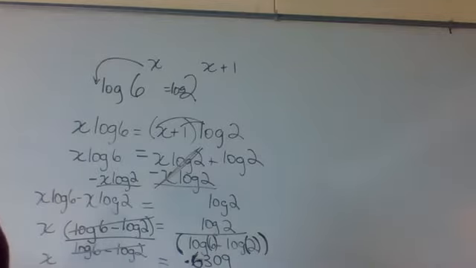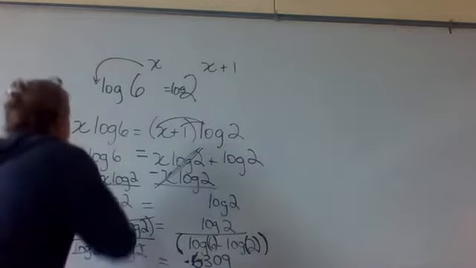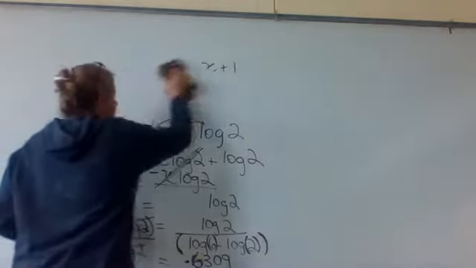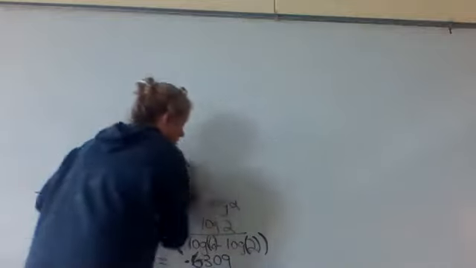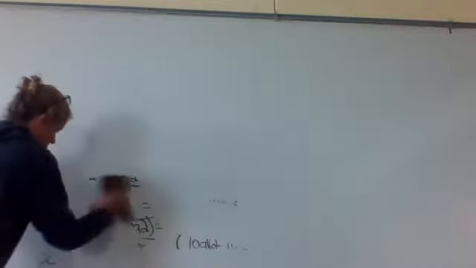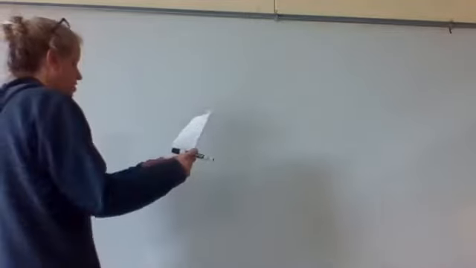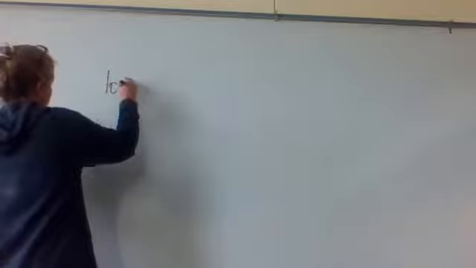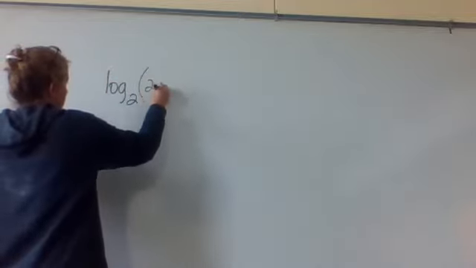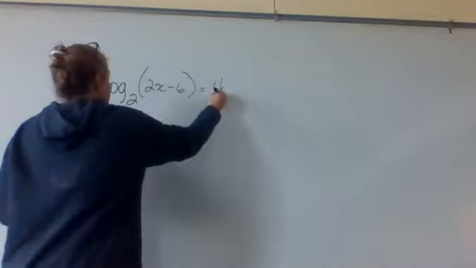All right, the next couple problems aren't too bad, or as bad. Number 26. This one is a log problem. So I've got log base 2 of 2x minus 6 equals 4.